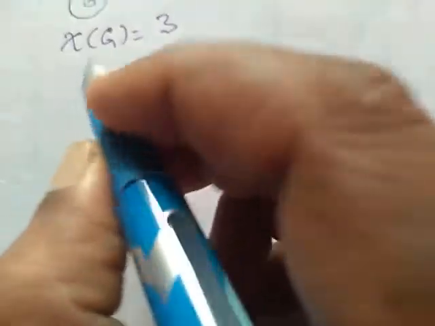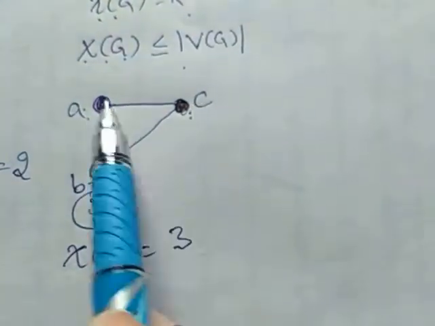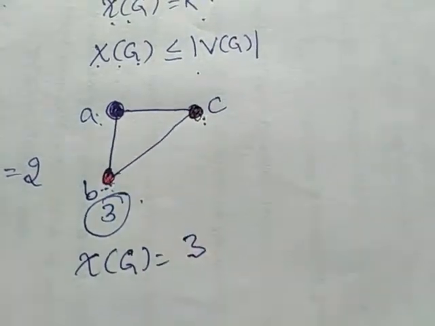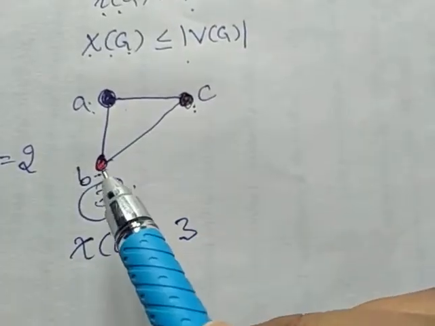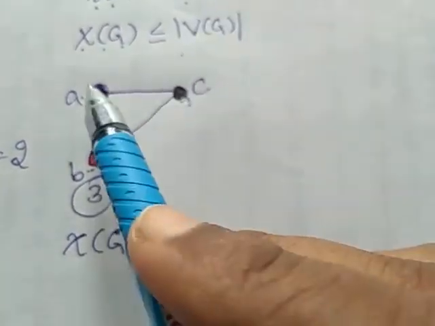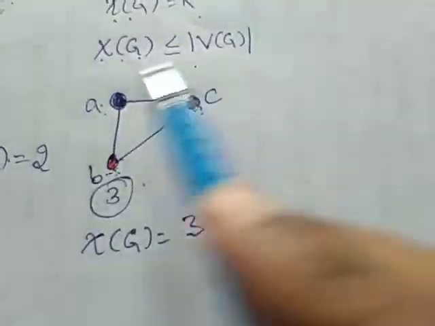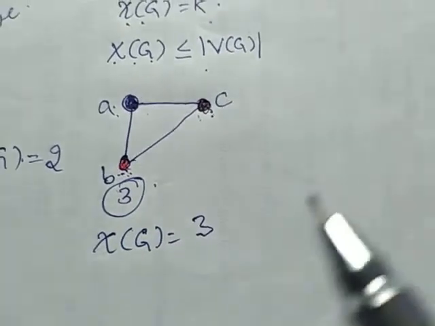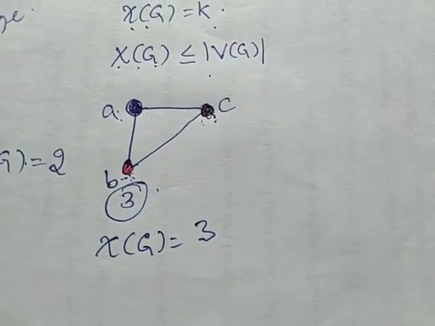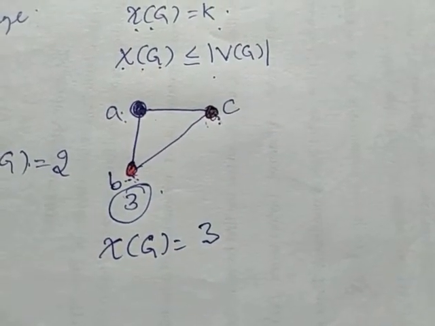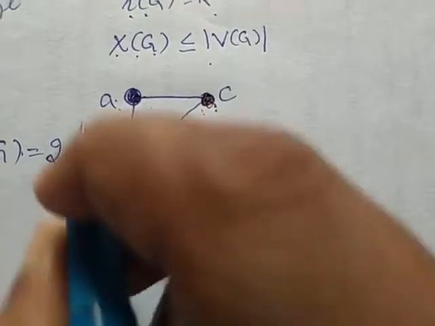So a triangle is also a complete graph. Consider the triangle itself. A is adjacent to B and C. C is adjacent to A and B. B is adjacent to A and C. This is a complete graph. For a complete graph, the chromatic number should be the total number of vertices.